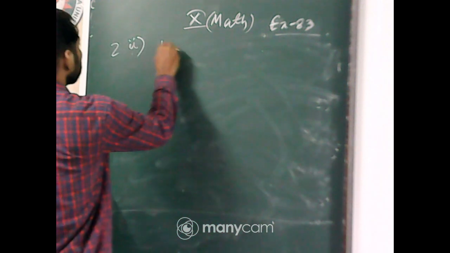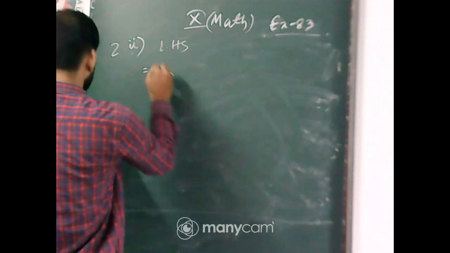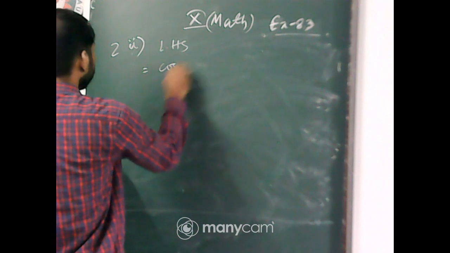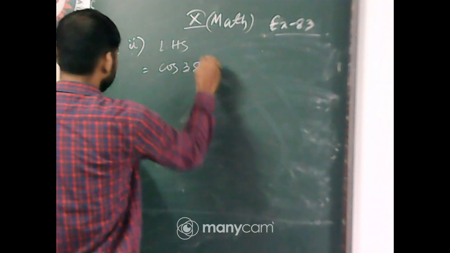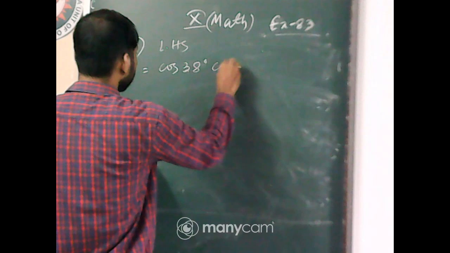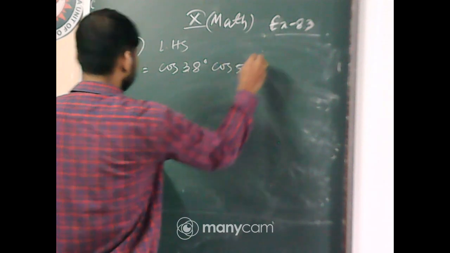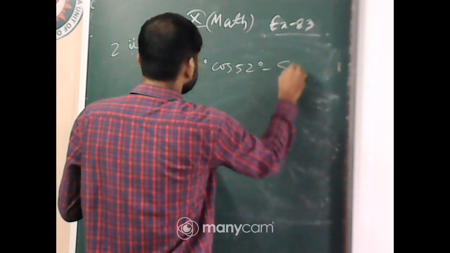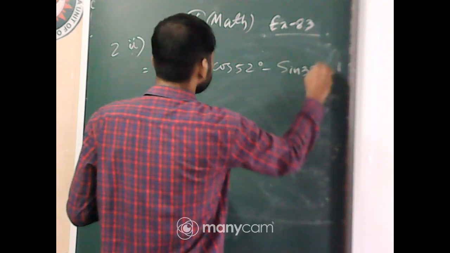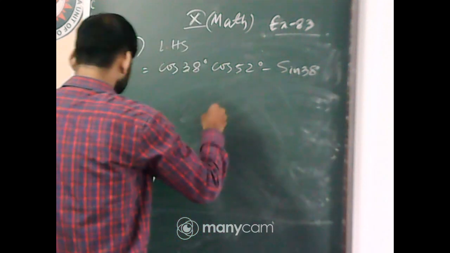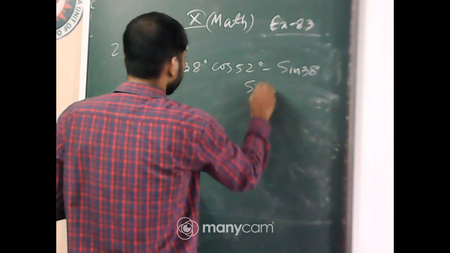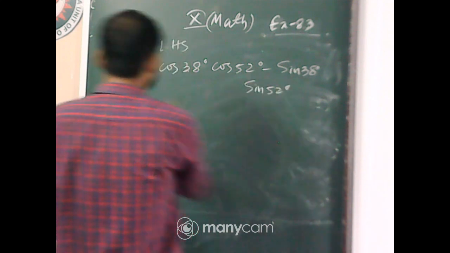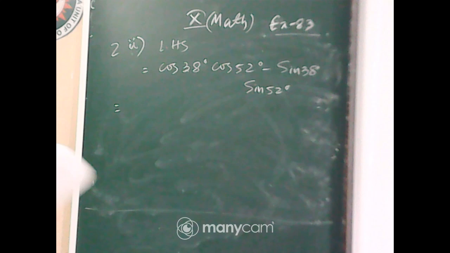The LHS: cos 38 degree cos 52 degree minus sin 38 degree sin 52 degree. Okay, you have to show that the LHS will be 0.